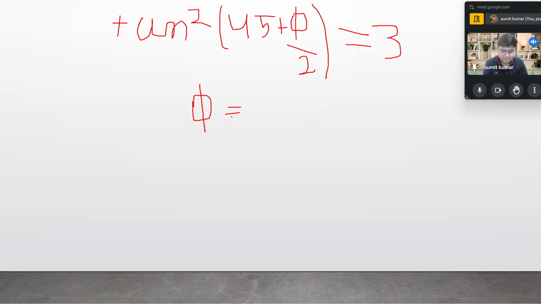Root 3, tan inverse root 3, minus 45, multiplied by 2. So we are going to get phi equal to 30 degrees.